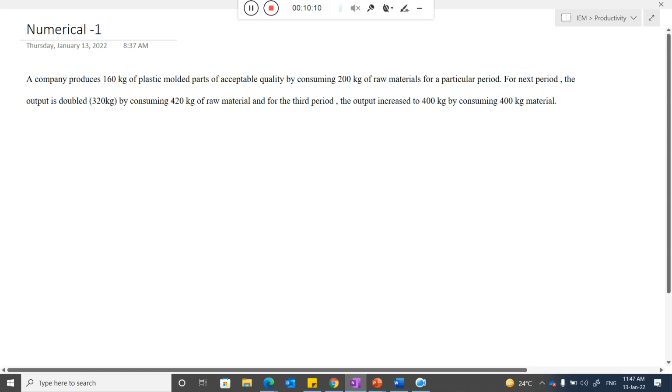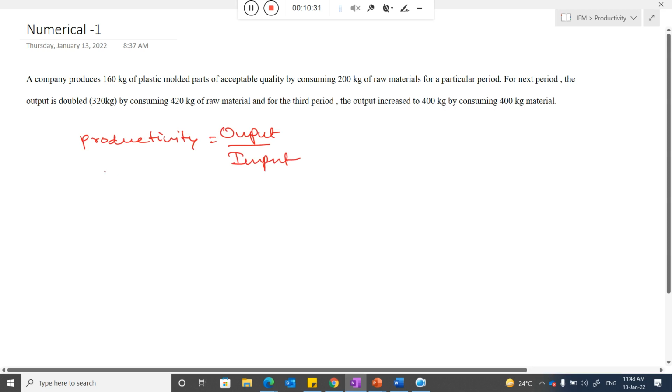So how will you measure the productivity? This is a very simple type of thing. How can you measure productivity? By output and input.